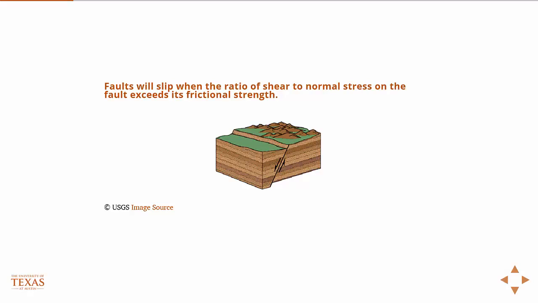And this can be a good thing sometimes in the case of stimulating tight reservoirs, like in the case of slickwater fracking, but it can be a very bad thing in the case of induced seismicity, where we're injecting wastewater from hydraulic fracturing operations and causing small earthquakes, right? It's something we prefer not to do because it doesn't make the public happy.